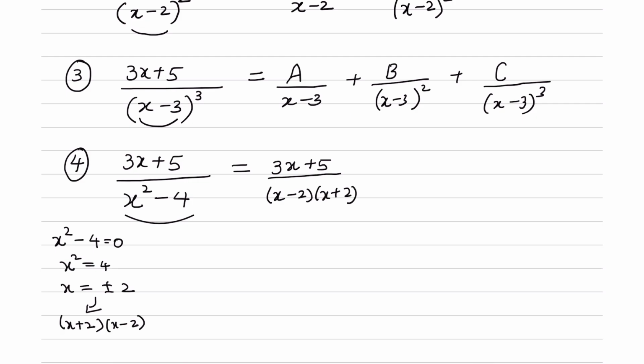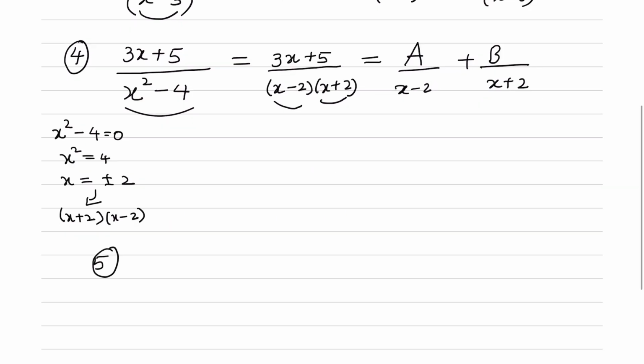So now we have two different 1 degree factors, and we know the rule for a 1 degree factor: A over a 1 degree factor which is x - 2, plus B over another 1 degree factor which is x + 2. Let's look at another rule.